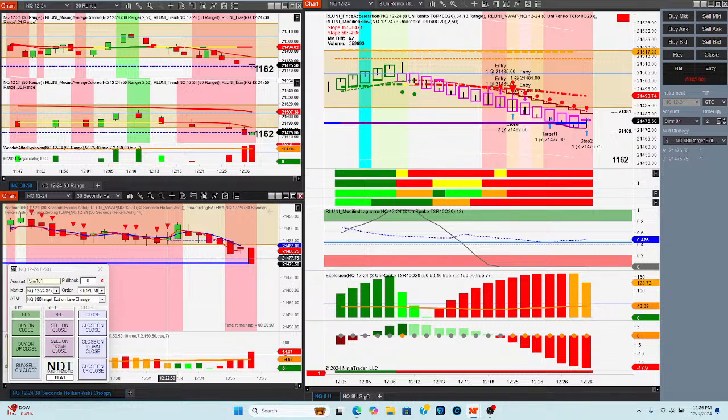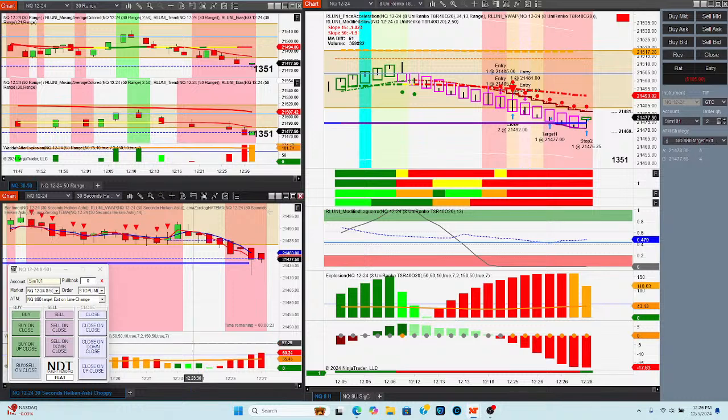Stop filled. Now, I didn't give that any room. I trailed that with that swelling 30 second, which might not be the best thing to do, but my goal was, we're into this pivot area here.